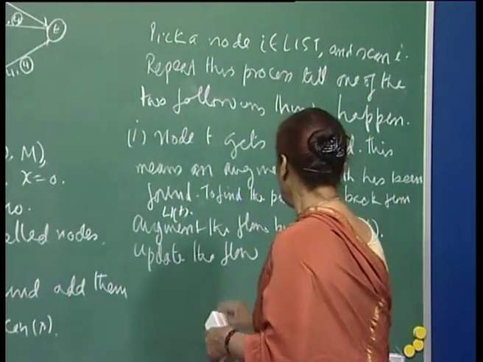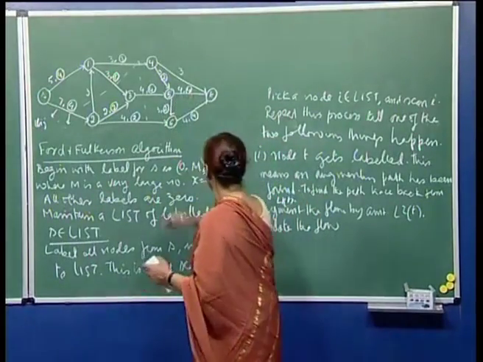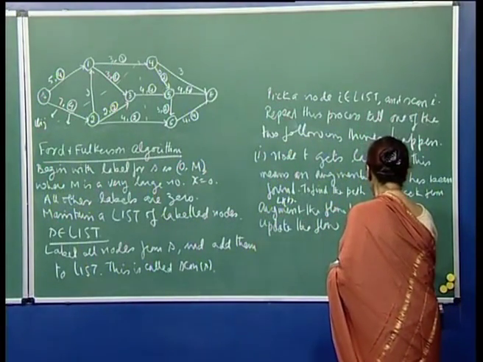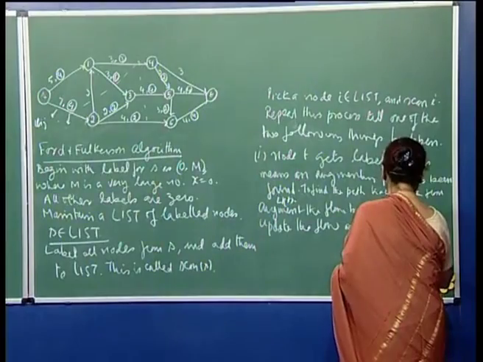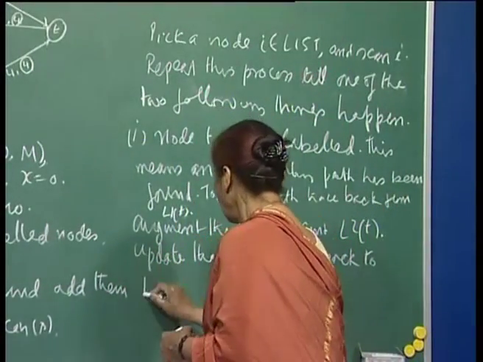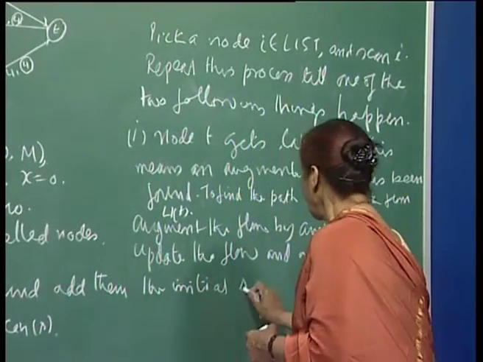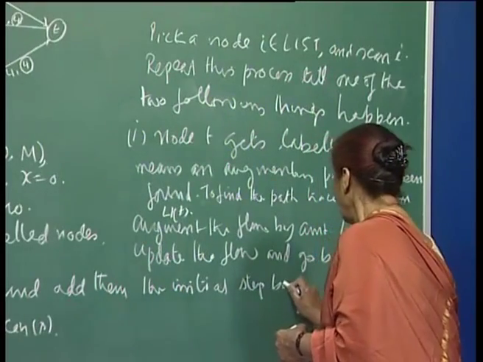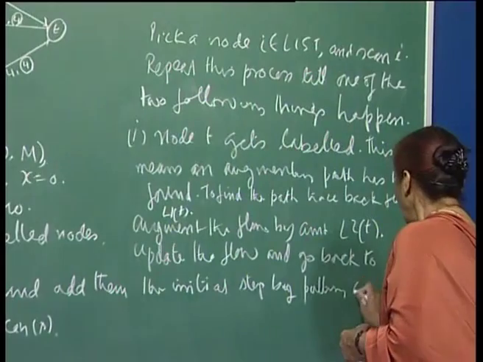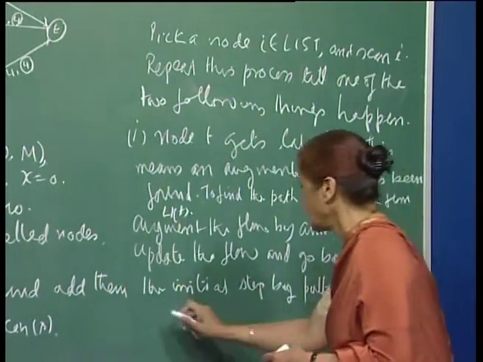Update the flow, that means you will change these numbers, and go back to the initial step by putting all labels to 0.